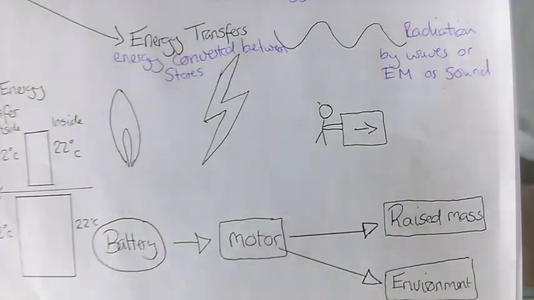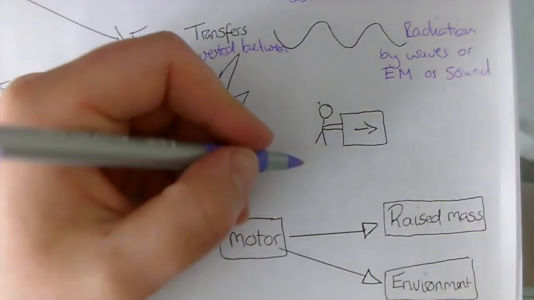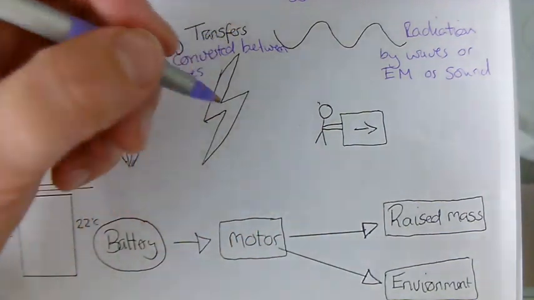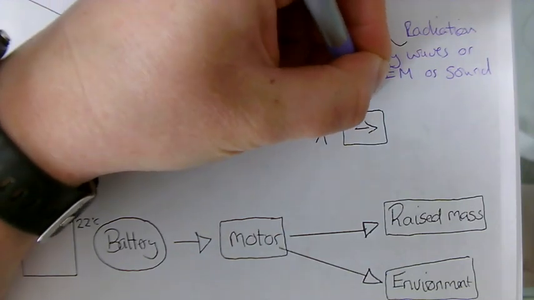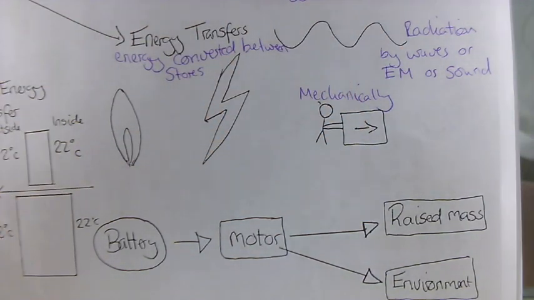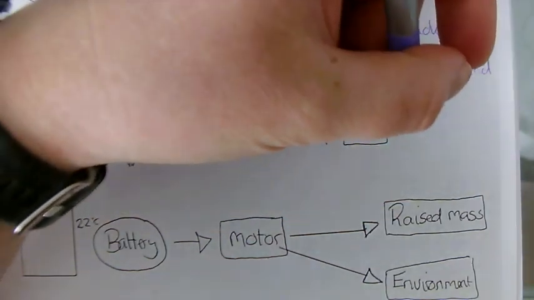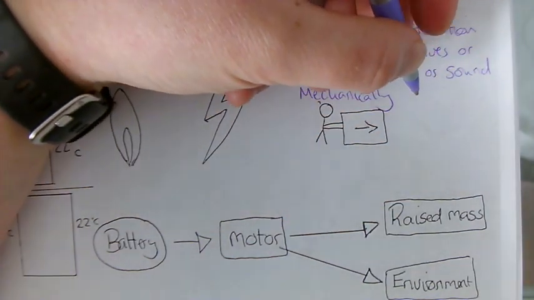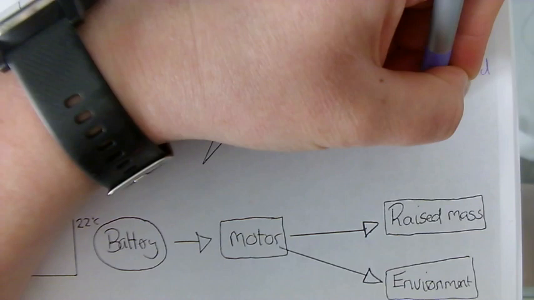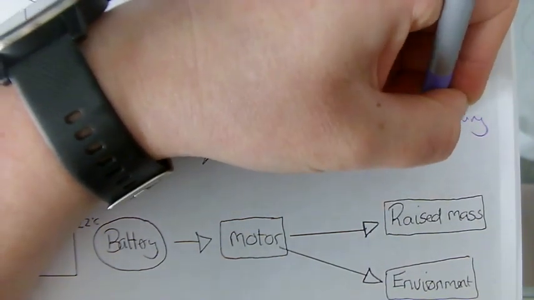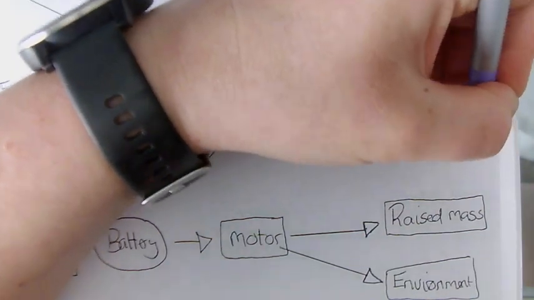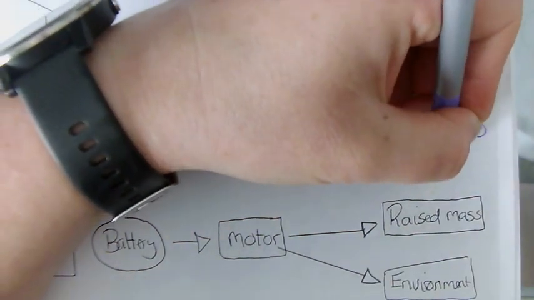Okay, so EM stands for the electromagnetic spectrum. Another way that we could do it is mechanically, and that is a force moving through a distance.